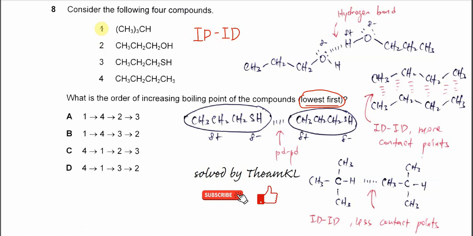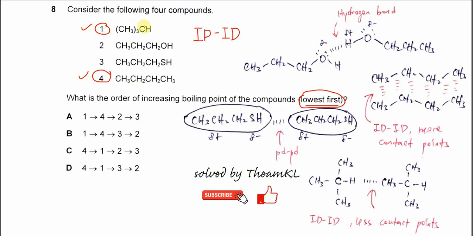So for the first compound and the last compound, these two, they are hydrocarbons only, and they will just have the ID forces, means the weakest van der Waals force. So it should start from the first one or the last one.